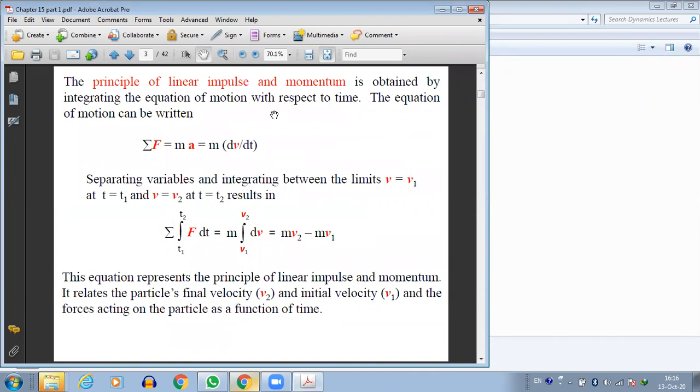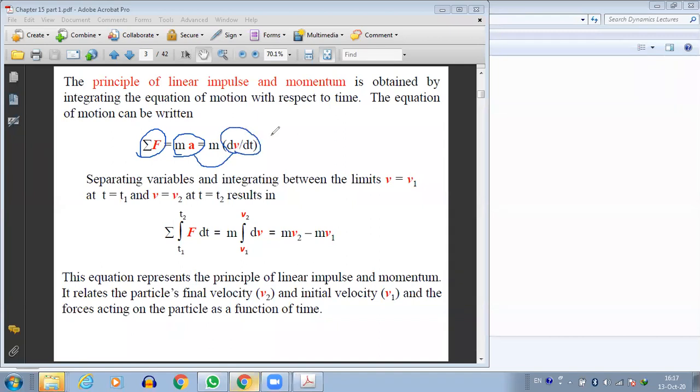So you know that Newton's second law says summation F equals ma. But acceleration can be written as dv by dt, so we get summation F equals m dv by dt. Now we can put dt on the other side, so it becomes summation F dt equals m dv.